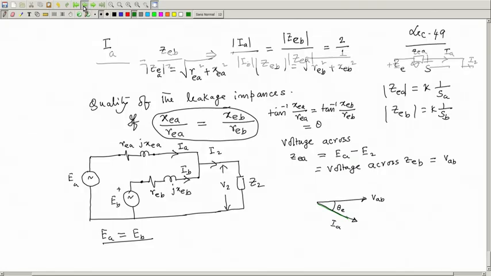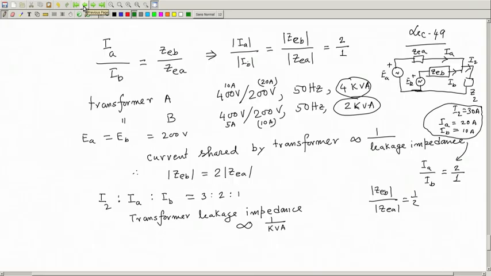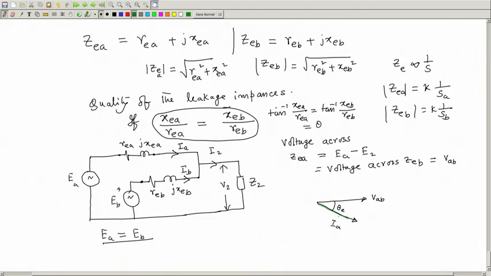Which transformer did I take as larger? This is the 2 kVA one, IB, so its current will be less. So, this is IB and this one will be your IA.